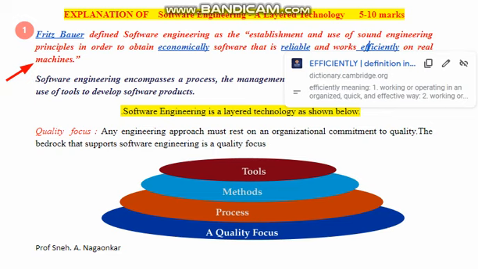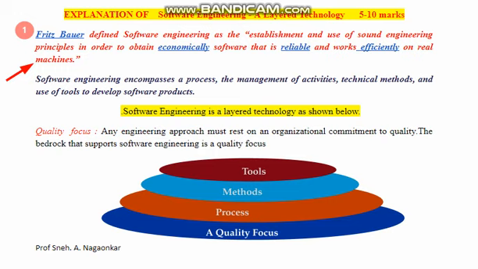So according to Fritz, software engineering is the establishment and use of sound engineering principles in order to obtain economical software that is reliable and works efficiently on real machines.